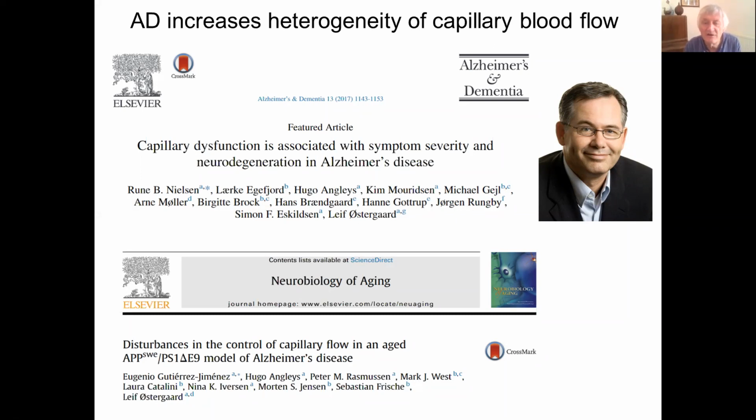And they attribute this to changes in the degree of constriction of capillaries by pericytes. So there's a change of capillary control of blood flow in early Alzheimer's disease. And importantly, this increase in heterogeneity of the transit time correlates with cognitive decline as measured by the mini mental state exam.